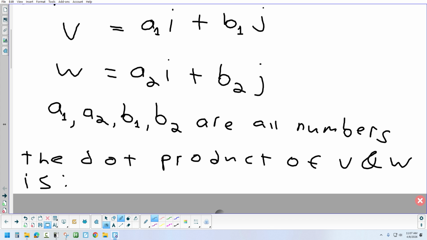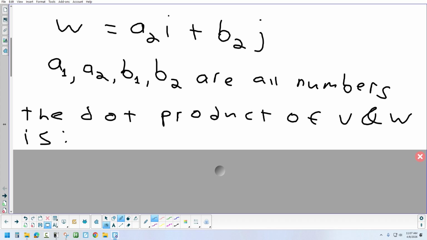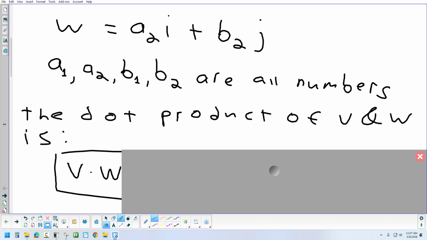The first thing is, what's the symbol for the dot product? The way you write the dot product is like that: v dot w. If you write v cross w, that's something different, something we might look at tomorrow.